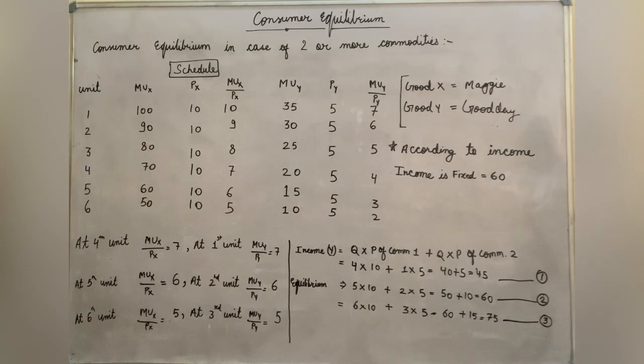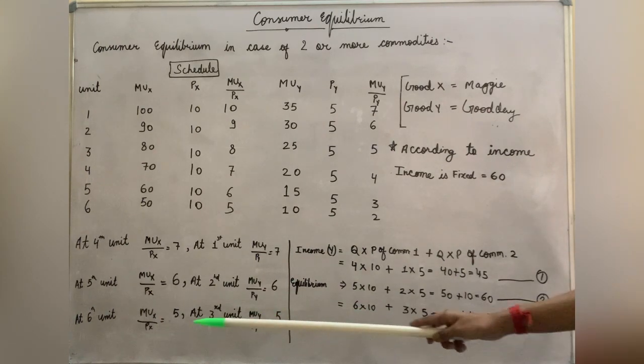Now, second, at unit 5 we are taking 5 units of Maggi at the price of 10 and 2 units of Good Day at the price of 5, as 50 plus 10 is equal to 60. As you can see, we are spending our whole money of 60 on 2 products.